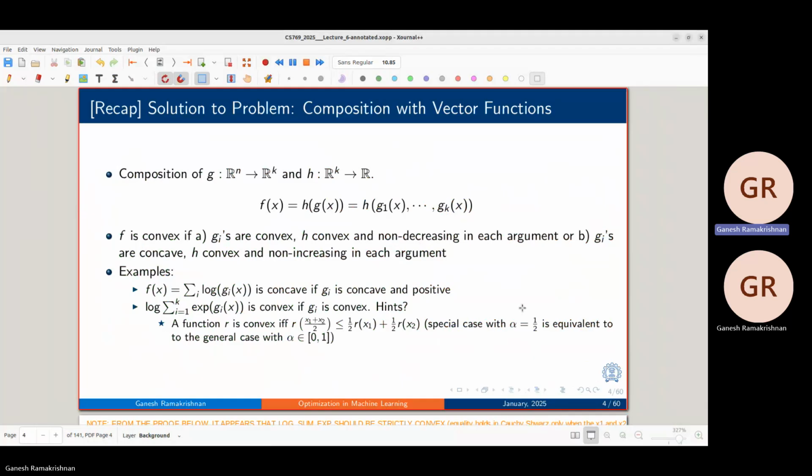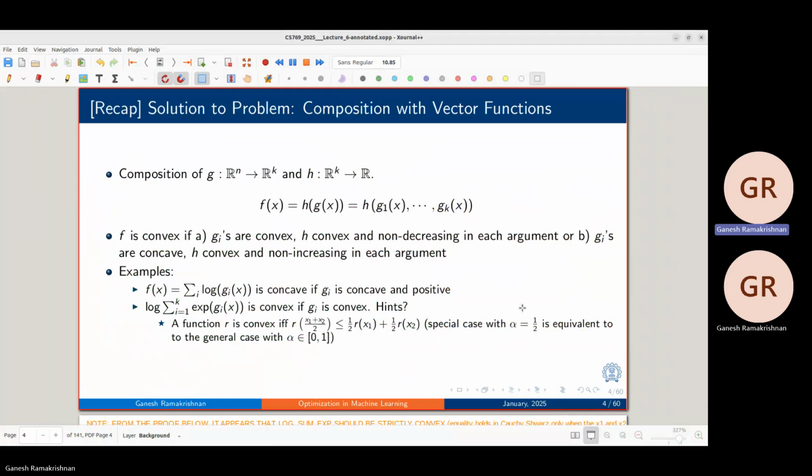h of g by default is convexity and non-decreasing. Okay, and the exception, this should be simple enough to remember.